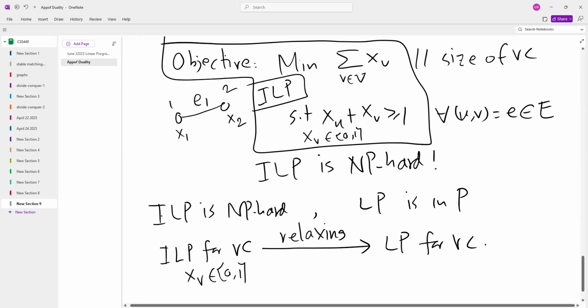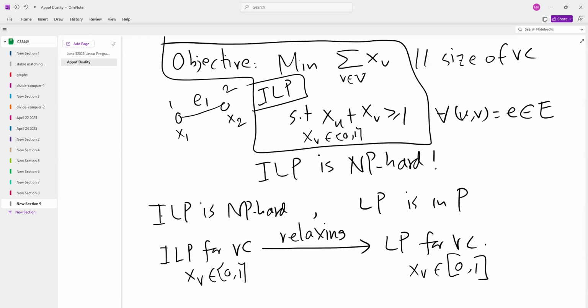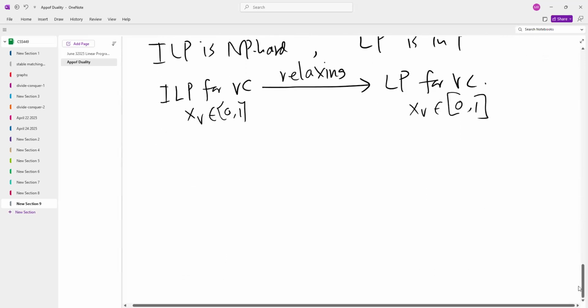And if I relax it, I can say that each variable is between 0 and 1. So it can be like 0.5, 0.6 or anything. Now the LP I can solve in polynomial time. But then this is not a valid vertex cover, as you pointed out, right?